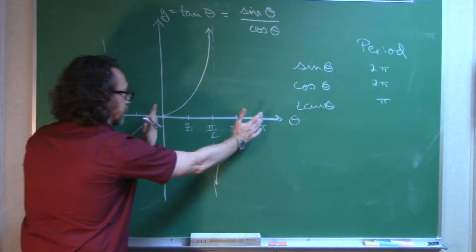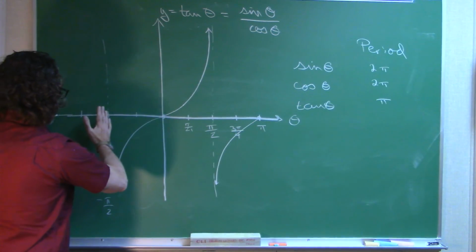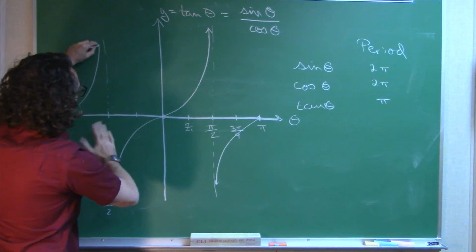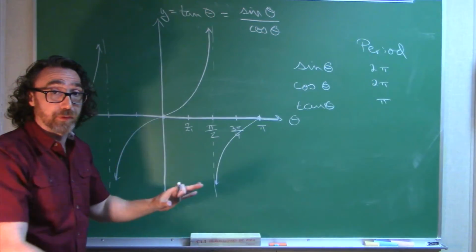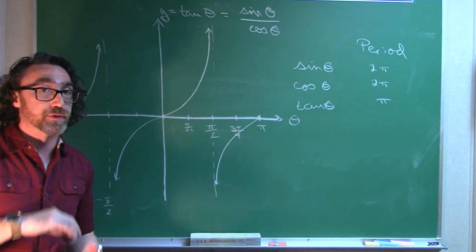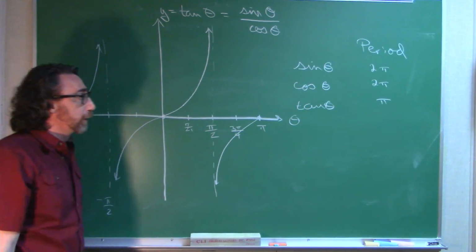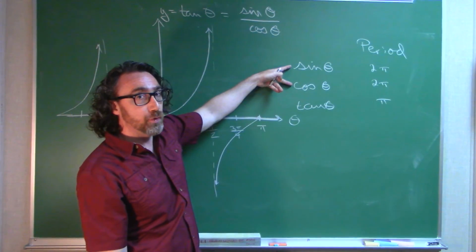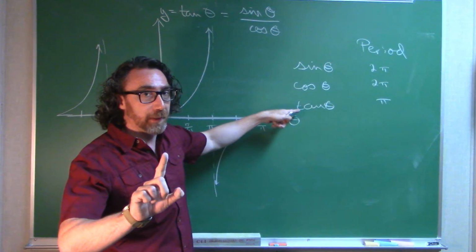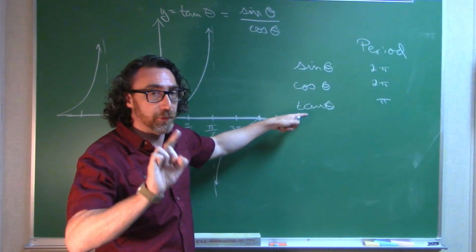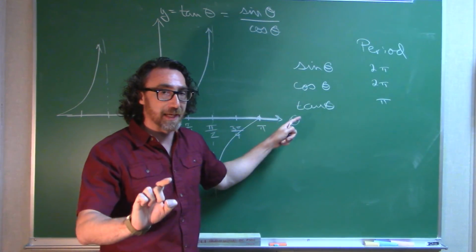So once again, we'd get this exact same picture over here, and that would repeat forever. Okay, so all your trig functions are going to be periodic. Most of them have period 2 pi. You got to be careful with tangent and cotangent. Those have period pi instead.